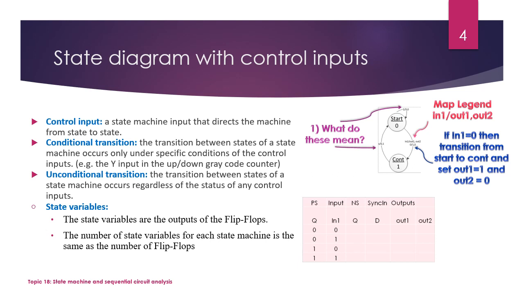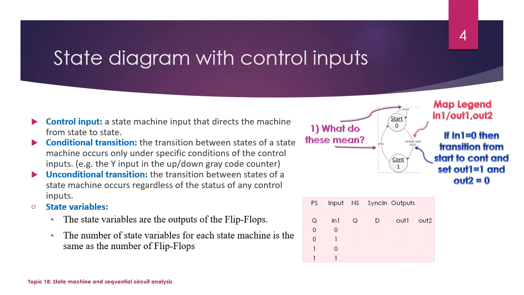So when we say the state machine makes a state transition, it always means there is an active clock signal coming in. Think about it, there are flip-flops in the machine, right? The flip-flops only change states when the clock edge comes, either the rising edge or the falling edge.